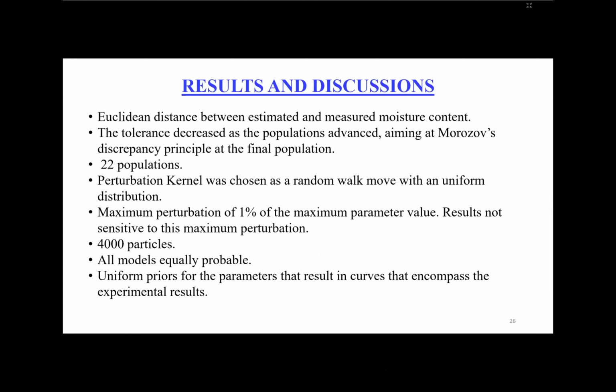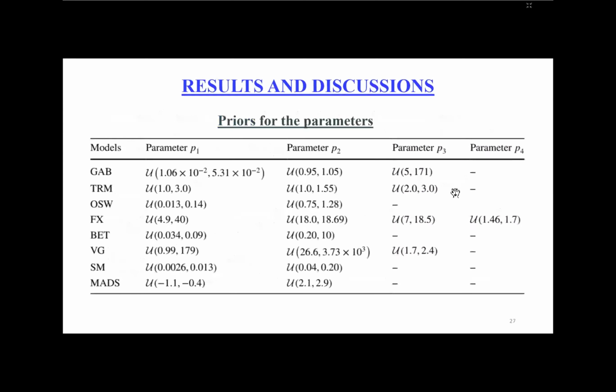All models were assumed as equally probable, and uniform priors were also given for all parameters. The ranges for these priors were obtained from numerical experiments and from literature values, so that the resultant moisture curves obtained from the models could encompass all the experimental results.